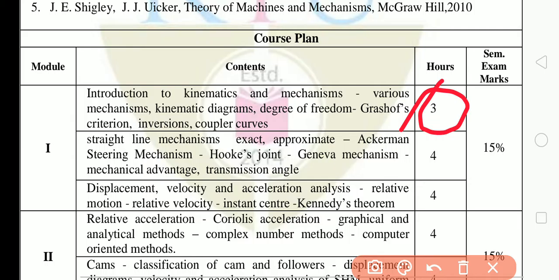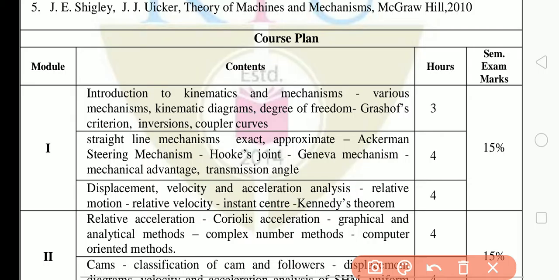Just below that you can see 4 hours: the second part of the first module must be completed in 4 hours. Then the third part is also 4 hours. That means a total of 4 plus 4 plus 3, that is 11 hours, is allotted for completing the topics given in the first module. That is our time limit.